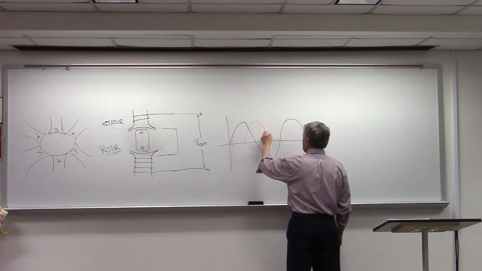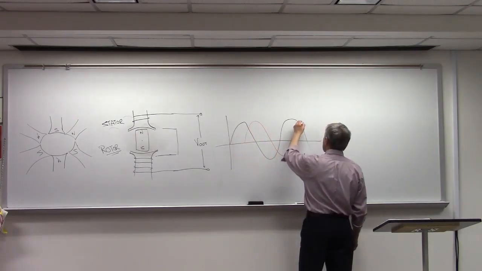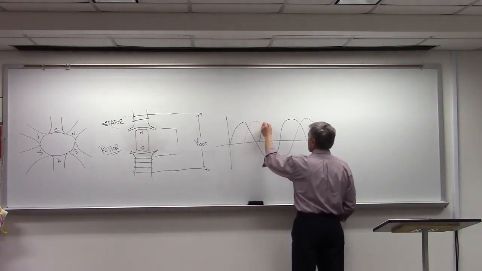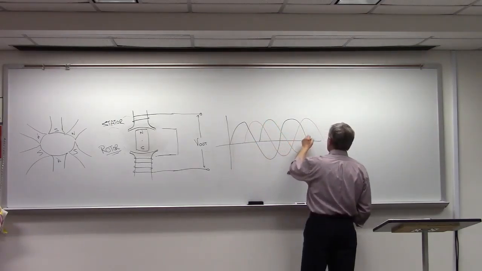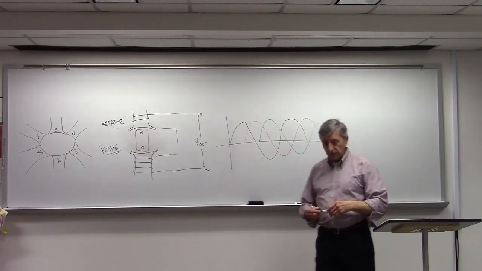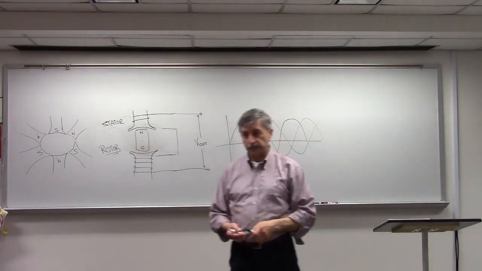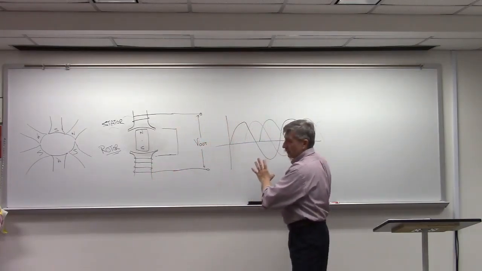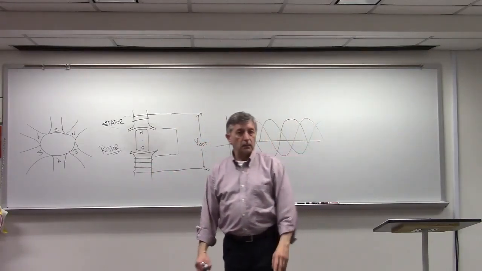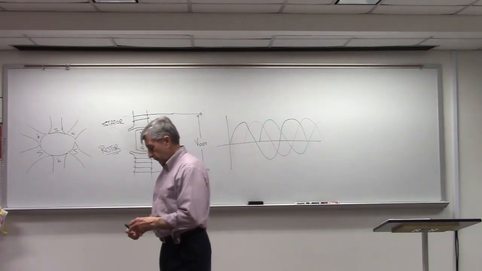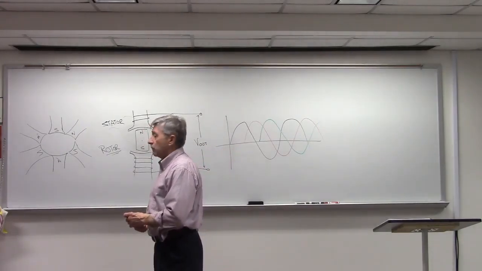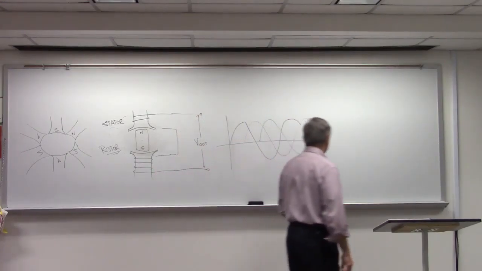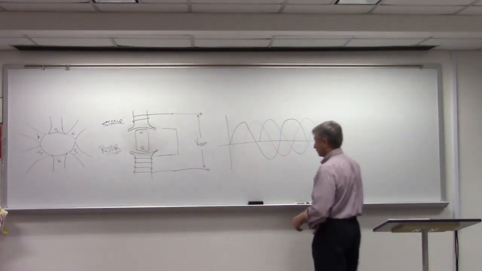So you have a second set like so, and then you have a third set like so. Okay, so that's called a 3-phase polyphase generator. And then that leads to a whole new set of equations. We're not going to get into it, but it's just mentioned in your book, so I'll just draw it and show you what's going on.